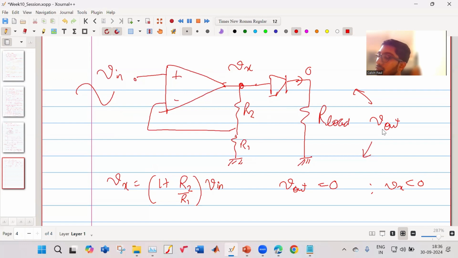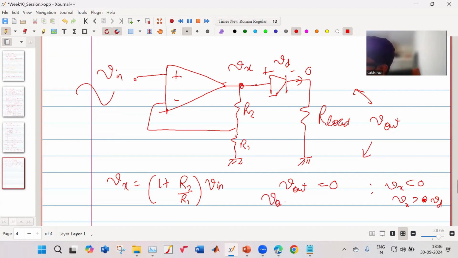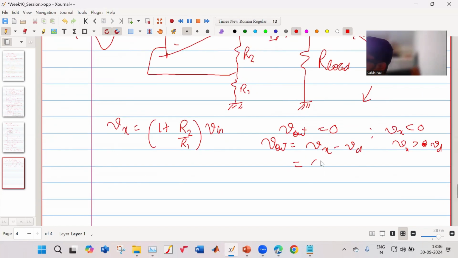Okay, that is one thing. Next, assume your Vx is greater than 0. And your Vx should be greater than the drop. There is some drop which comes over here. So your Vx should be greater than Vd. If your Vx is greater than Vd, then your Vout will be equal to Vx minus Vd. So your Vout is equal to 1 plus R2 by R1 into Vn minus Vd.